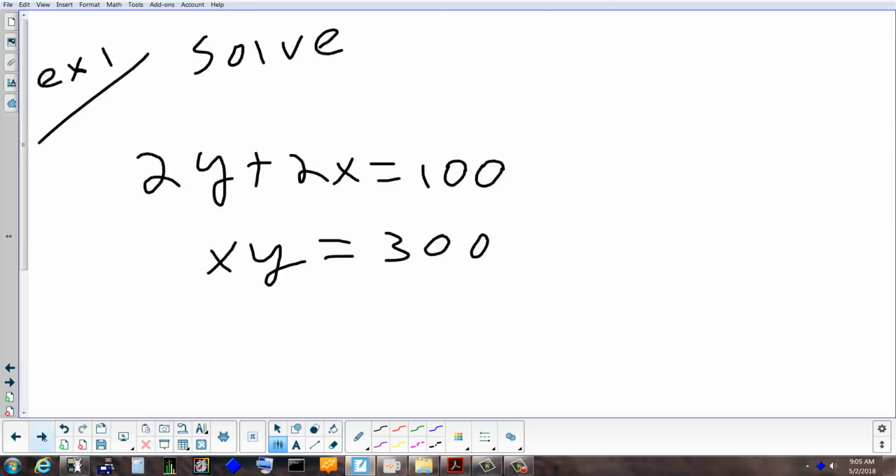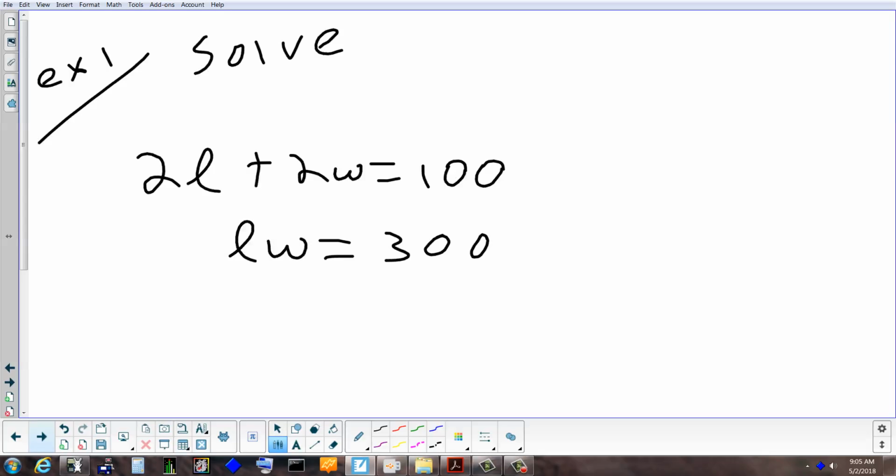All right, so let's do this one, but let's use the same variables that we did. So we have 2L plus 2W, and then L times W equals 300. All right, so which equation here would be easier to get a variable by itself in?